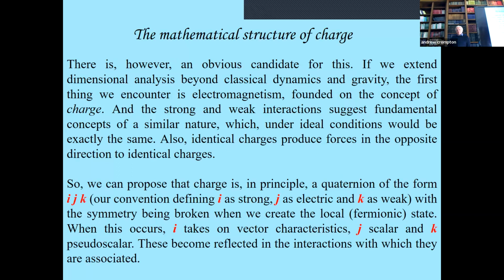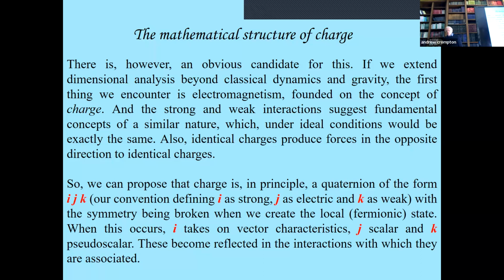If we extend dimensional analysis beyond classical dynamics, gravity, and that kind of thing, we end up with electromagnetism, in which something like charge is the thing that's missing. And we got three types of interaction like that, strong and weak, as well as electric. And we know that they're similar. And we know that under identical conditions, they would probably behave identically.